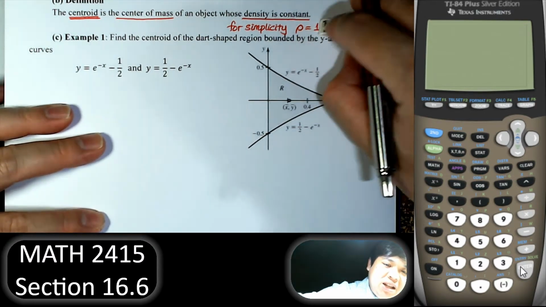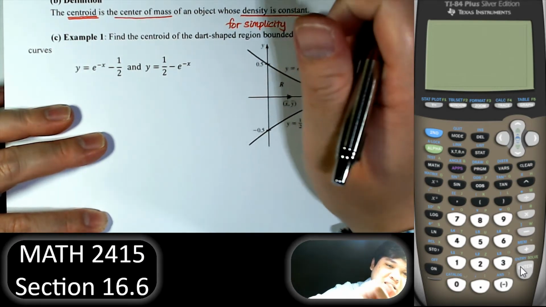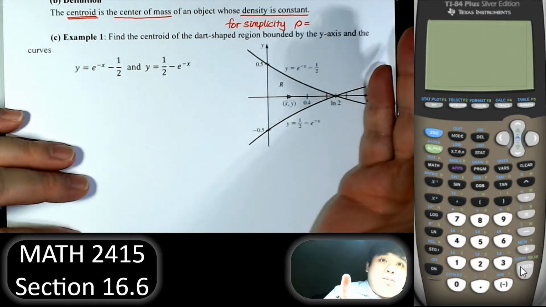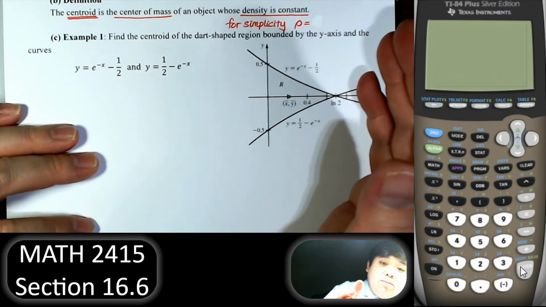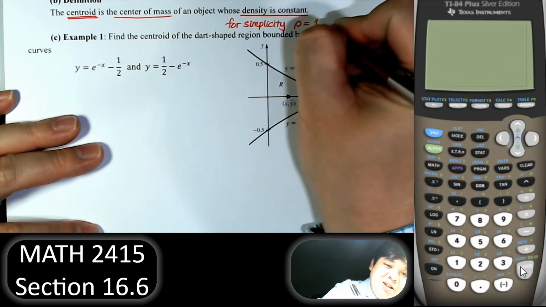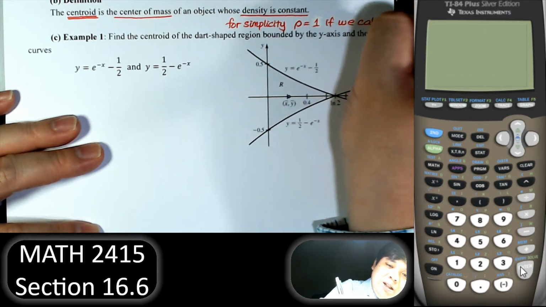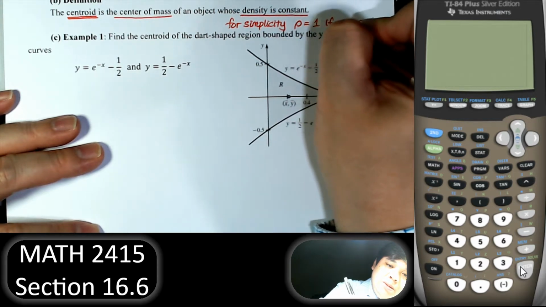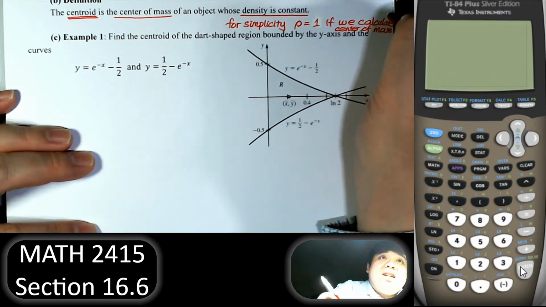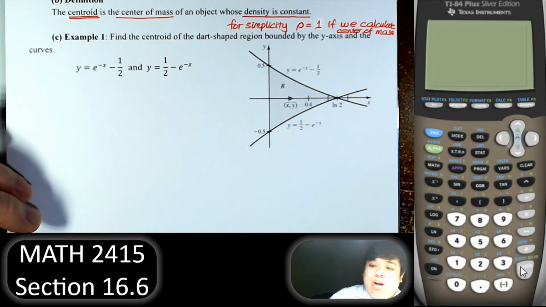If you want the mass, you might want to just put a constant there. If we calculate the center of mass, that is not a problem. If we just calculate the mass, keep the density. But for now, I'm going to keep the density, and you will see it doesn't really matter at all.